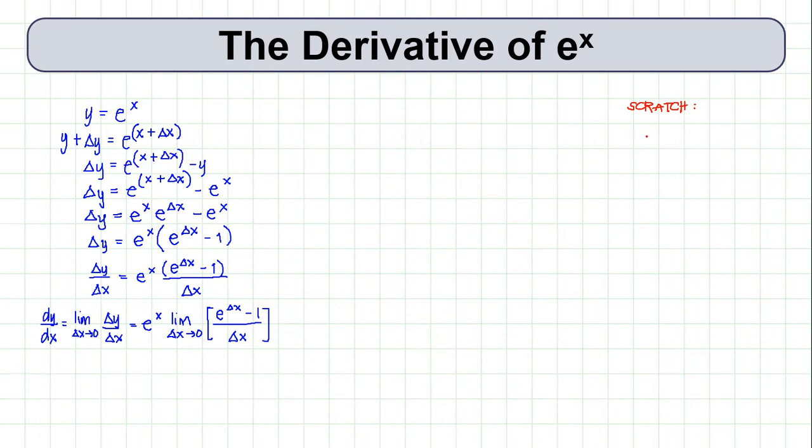Again, kanina diniscuss ko na that e is equal to the limit as n approaches infinity ng 1 plus 1 over n raised to the n, or e is also equal to the limit as n approaches 0 of 1 plus n raised to the 1 over n. Okay? So, tatandaan natin ito kasi gagamitin natin ito mamaya.